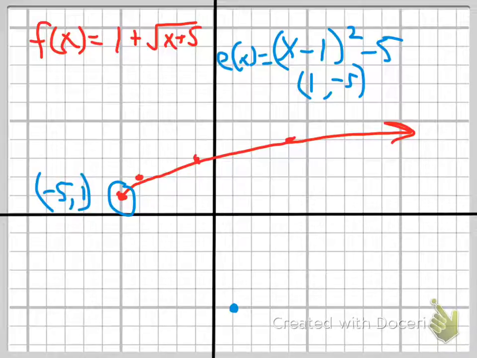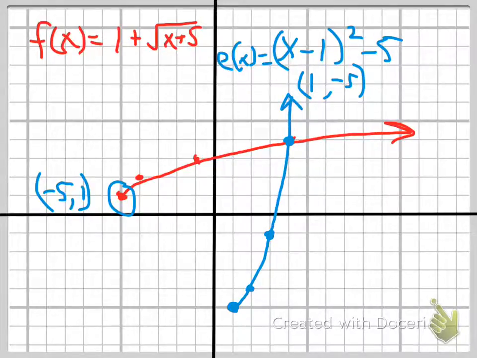Switching the x and y values, I get the vertex of this parabola. And I also have an a value of 1, so that point would correspond with that one. To the right 2 up 4 will then correspond with that one. And then to the right 3 up 9, and I have this graph right here.